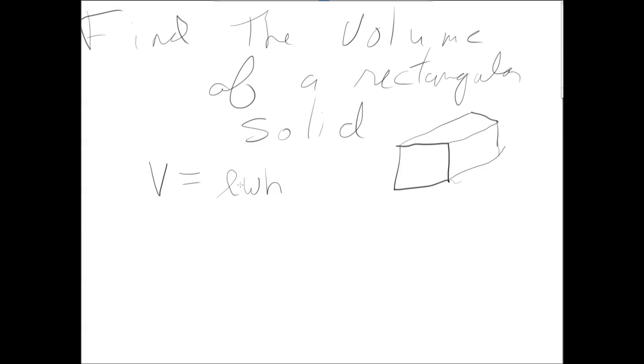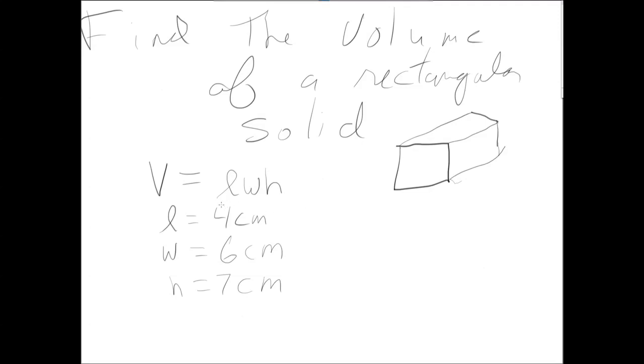This just means multiplication, length times width times height. And if we know that L equals 4 centimeters, W equals 6 centimeters, and lastly that h equals 7 centimeters, then we've got what we need to go ahead and calculate the volume.